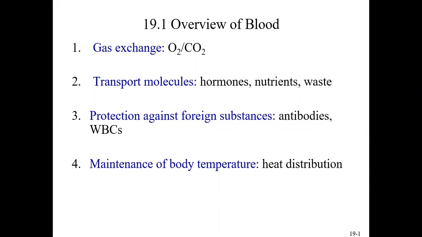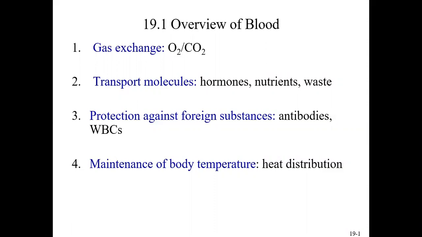Number one, gas exchange is what we'll be talking about, oxygen and carbon dioxide. We'll talk a little bit about oxygen transport here, but also when we get to the respiratory system, because both of these systems are involved with gas exchange. But also for number two, transporting molecules. A primary function of the blood is to be a transport medium throughout the body.